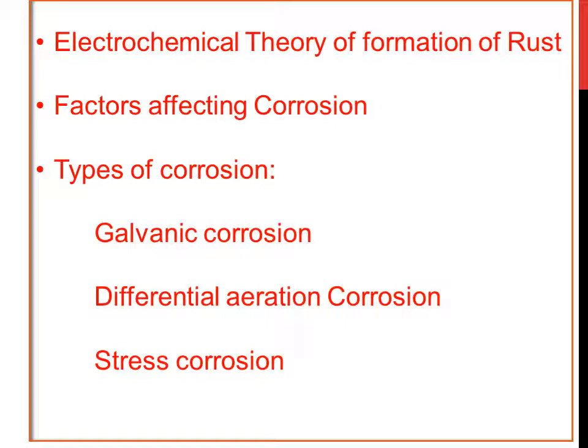So the rate of corrosion is higher when, on the metal surface, the anodic area is a smaller portion and the cathodic area is a larger portion. When you have a smaller anodic area and a larger cathodic area, the rate of corrosion is more and rapid. So this is how the relative areas of anode and cathode influence the rate of corrosion.